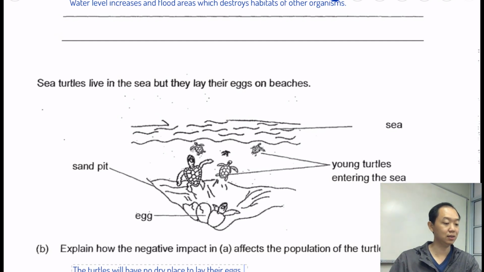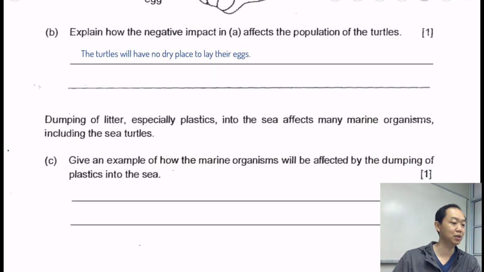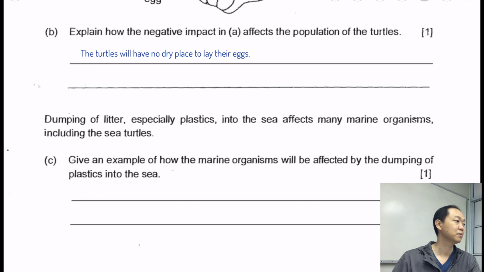Okay, not only turtles, some penguins also lay eggs on the beach area. Have you been to Australia? Yeah. Do you see the penguins? No. Marching? I saw the penguins marching. So at 7 p.m., 8 p.m., right? Suddenly you'll see a lot of penguins going home, and then they will go to their house.